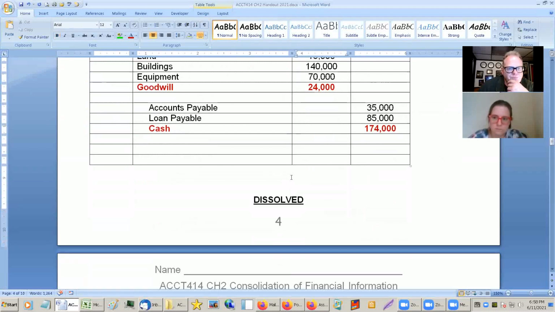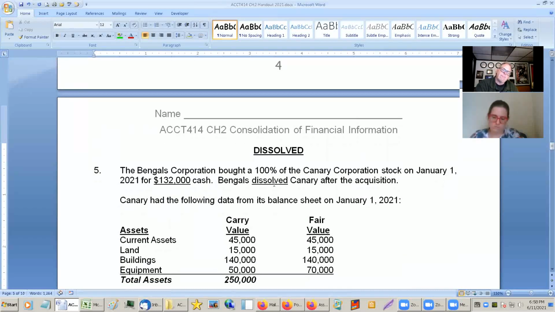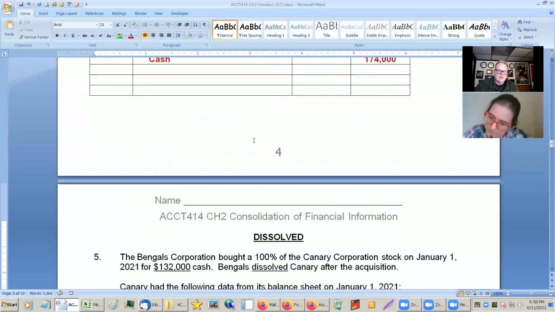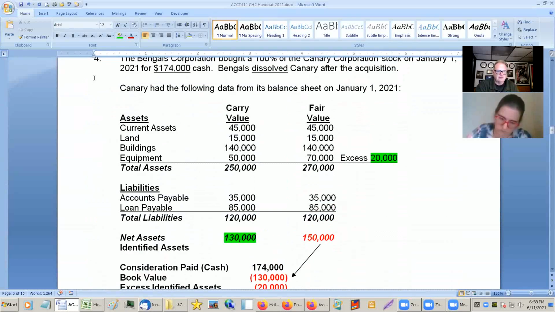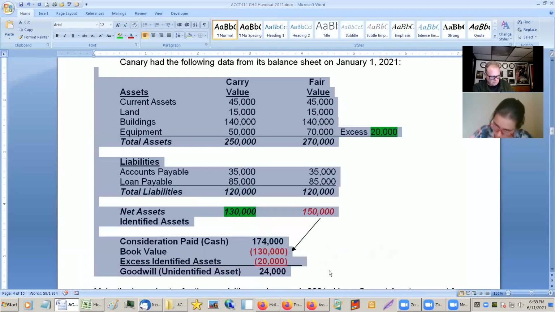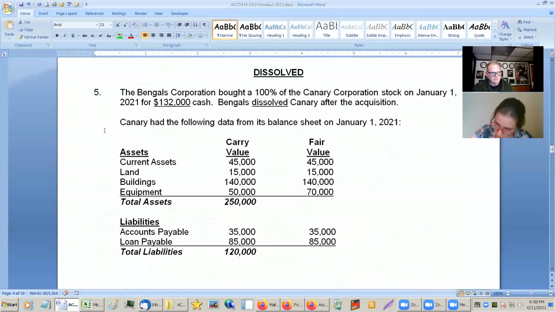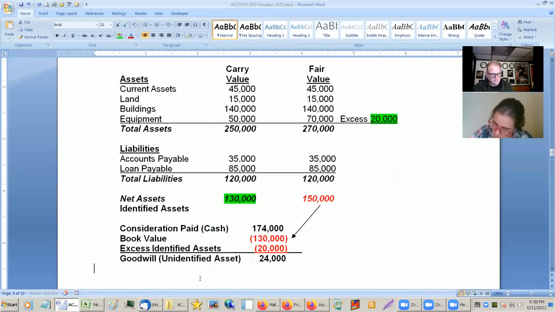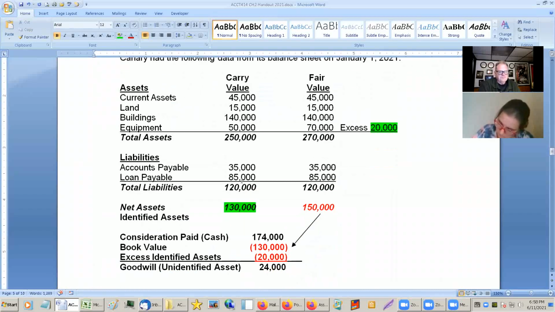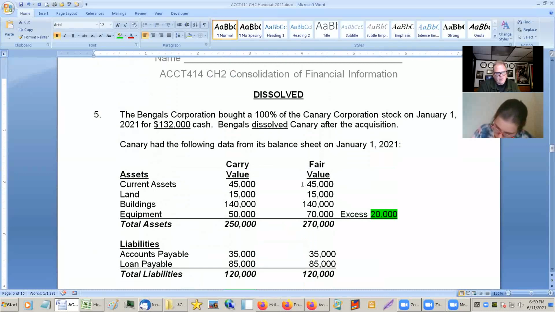All right. The next one has to do with a gain, I believe. So again, the next one, everything's the same, and this, we only paid 132 for.